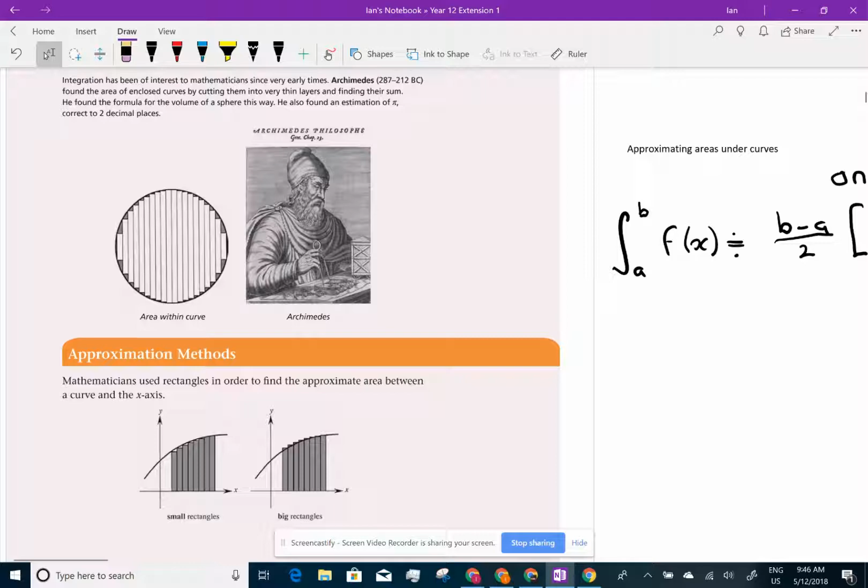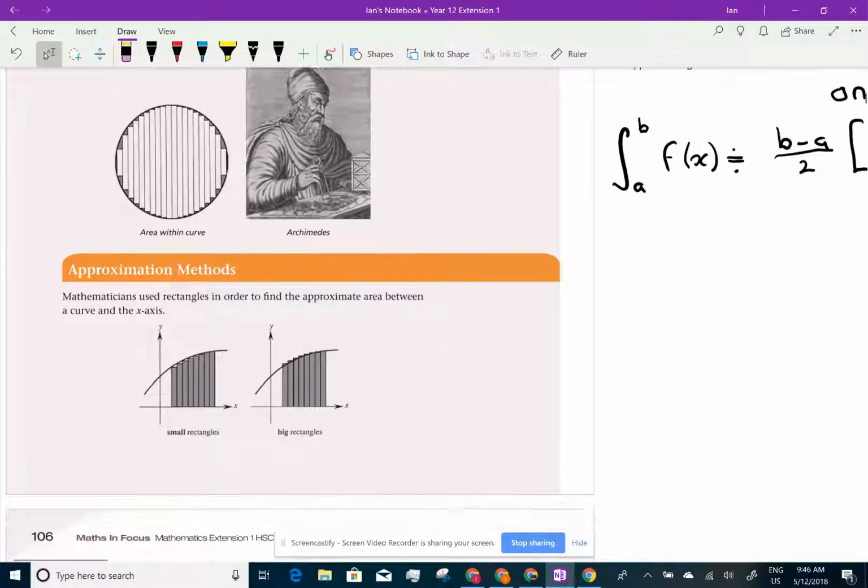But one of the things he did was he worked out area inside curve shapes, and you can see here they've got a circle, by using infinite slicing. But even more so, he did volumes, and he was able to calculate the volume of a sphere to be exactly, get this, exactly 2/3 the volume of a cylinder that it fits inside, which is quite brilliant, and that's what he wanted as his epitaph.